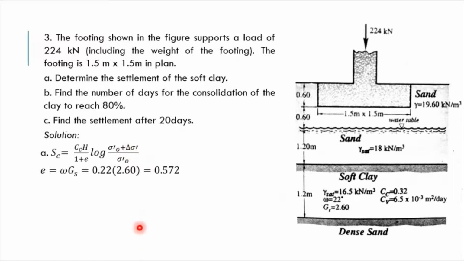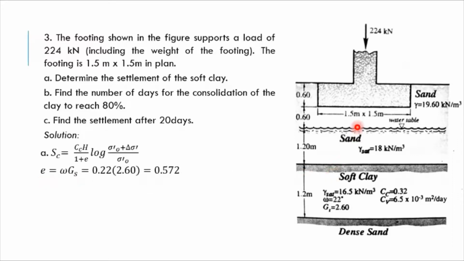In order for us to get the void ratio, it is given that the moisture content is 22 percent and the specific gravity is 2.60. We know from the relationship between the four properties, the degree of saturation, the void ratio, the moisture content, and the specific gravity, that Se is equal to wGs.